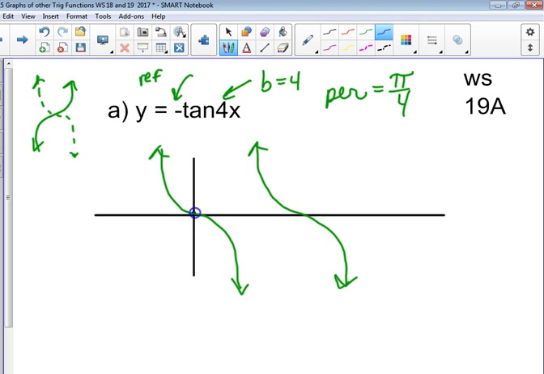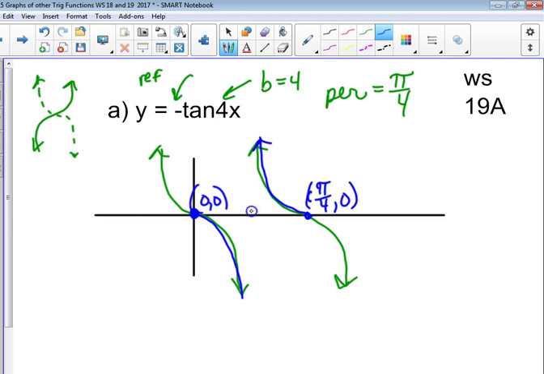The period, if I say it at 0, it was at 0. When is the next time it's back at 0? Yes, pi over 4, 0. Because this branch and this branch constitute one period.